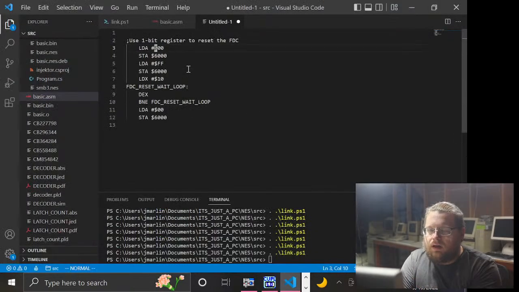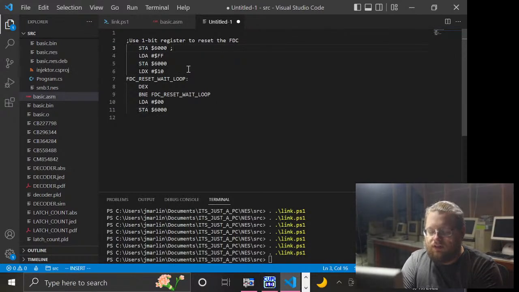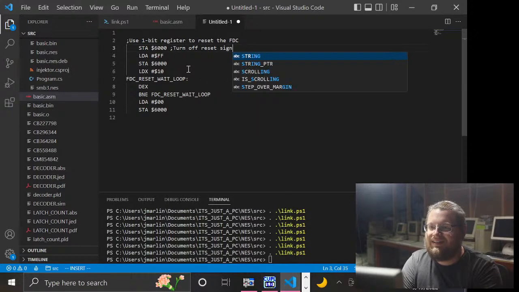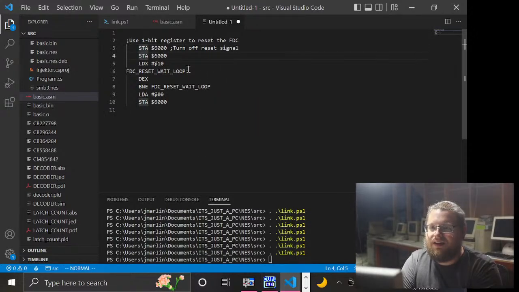So, I guess store? Why not? So, if we store 6,000, this should turn off reset signal, and then turn reset signal back on, and then we'll do this reset loop for fun, make sure it has a little bit of time, and then finally, yeah.